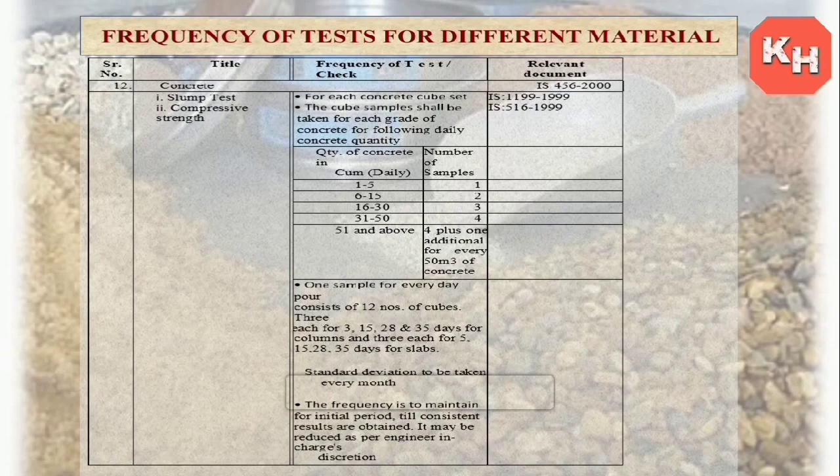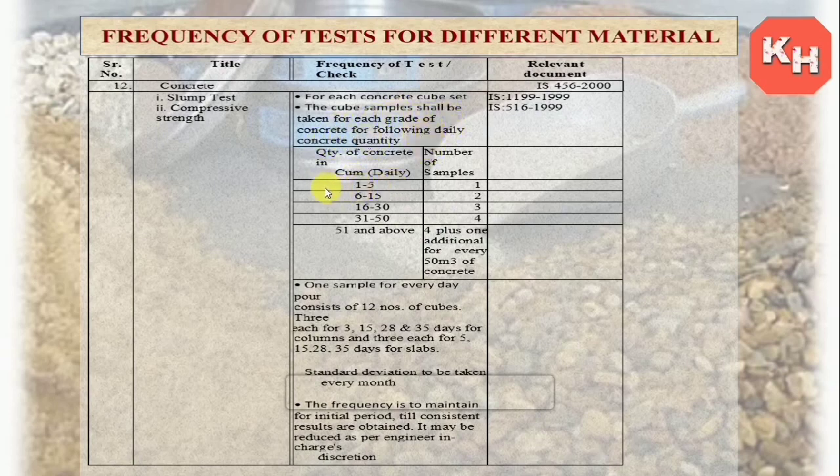Whenever a mixer comes, we have to take slump test of that each source of concrete. And for compressive strength, we have to take the cube samples as per quantity of daily concrete.